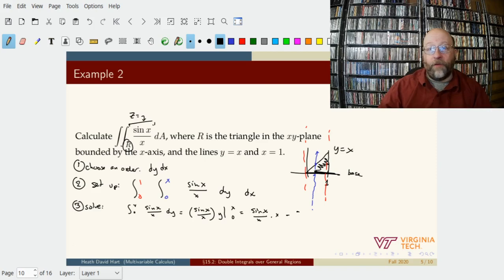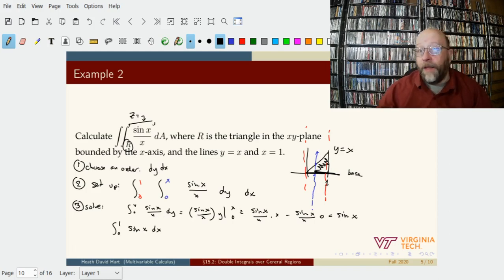Then I plug in 0, sine x over x times 0, and that just equals sine x. The x's cancel here, and 0 kills everything there. And so we integrate now from 0 to 1, sine x dx. See how much easier this is than that original problem would have been. By integrating with respect to y first, and then plugging in that x, something canceled and simplified the problem.